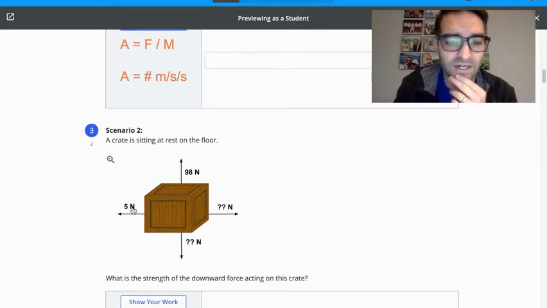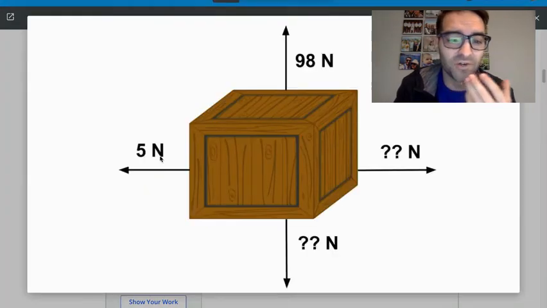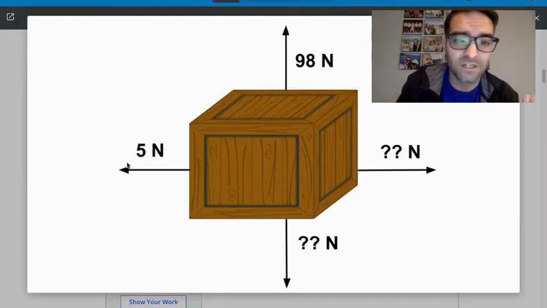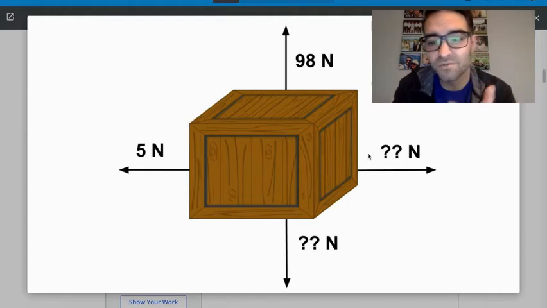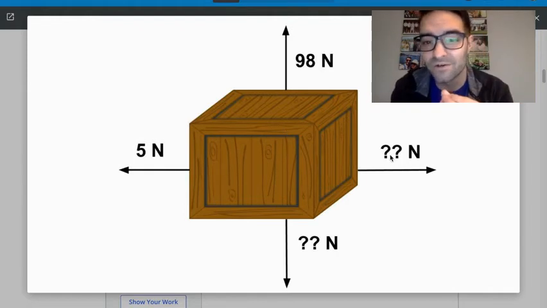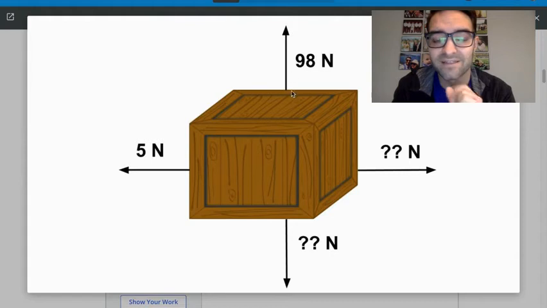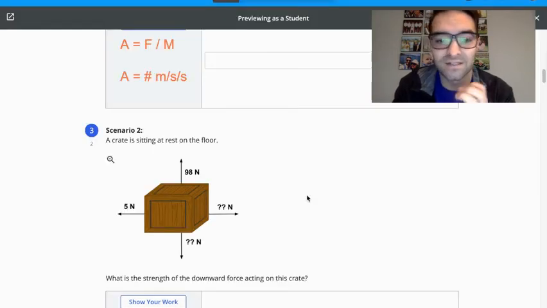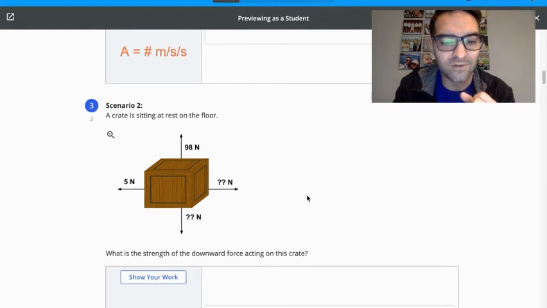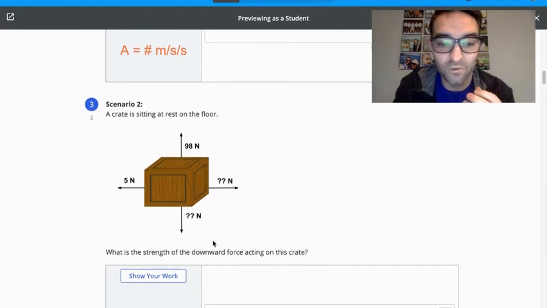So if you have 5 to the left, for it to be perfectly balanced you would need the same amount going right. The same would be true for force going up, and that means you also know the force going down. So keep that in mind. You know the downward force, even though it's not directly stated for us.